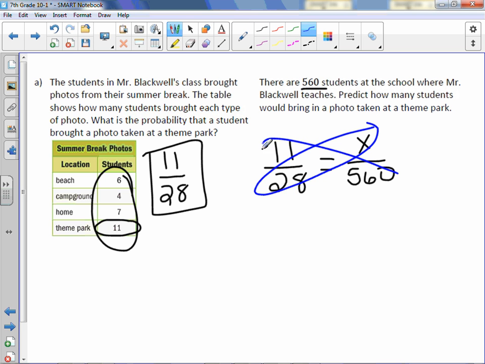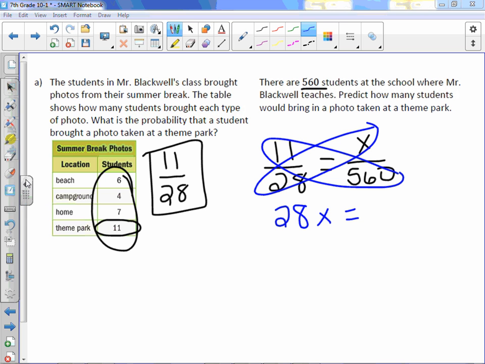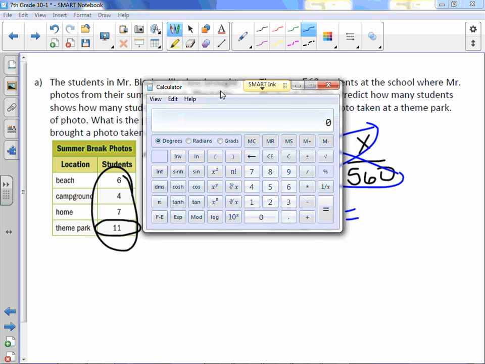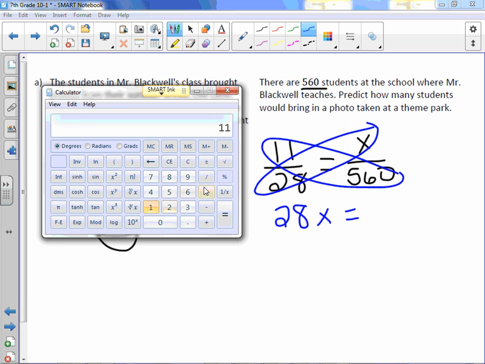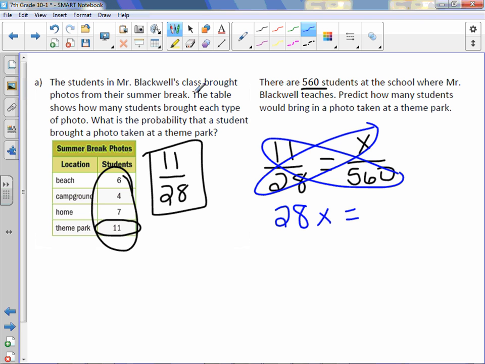So let's cross multiply. 28 times x is 28x, and 11 times 560. Let's go ahead and do that. We get 6,160.